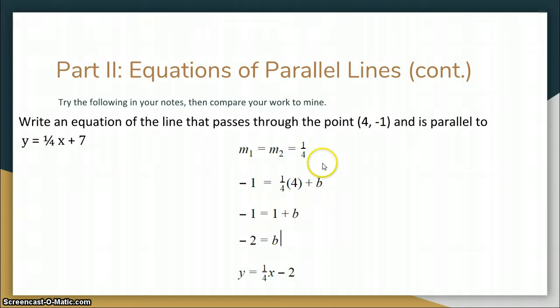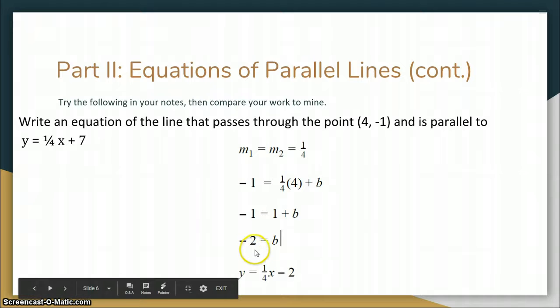X is going to be 4, plus b. Multiply and subtract, and that's where I get -1 minus 1 is -2 equals b. Excuse me for misspeaking there. Once I've got b is -2, I know m is 1/4, so I plug in: y equals 1/4 x minus 2.